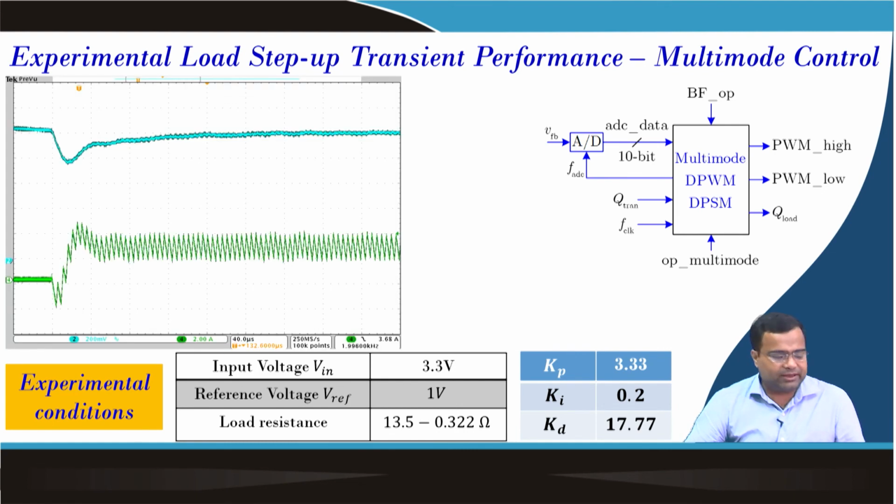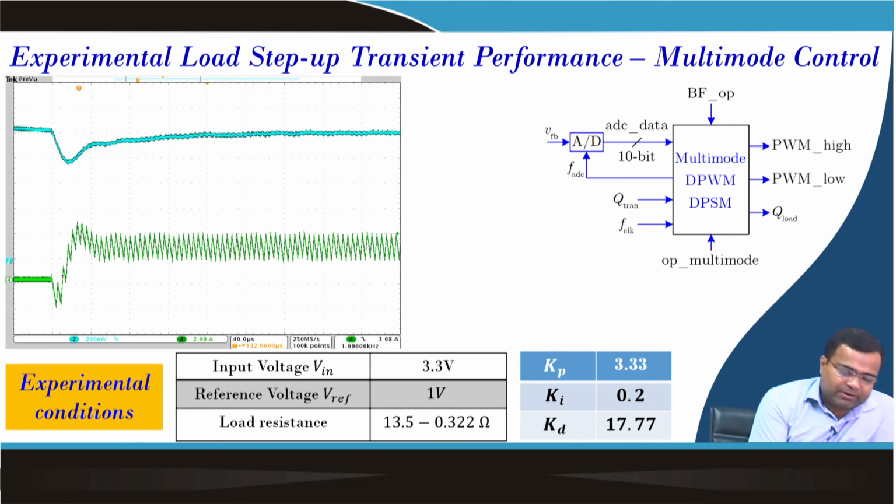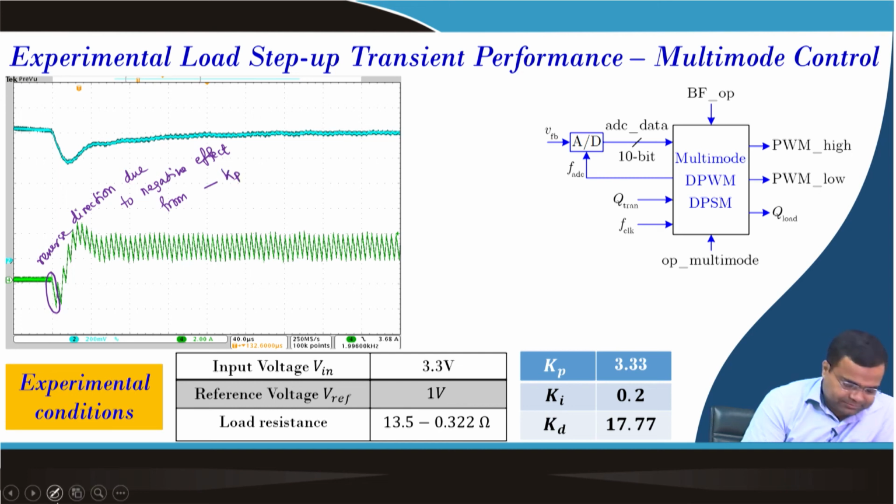Now, in the multimode, if you step up, this is the problem I have explained, because initially instead of going up, it is going down. So, reverse direction, due to the negative effect from Kp.